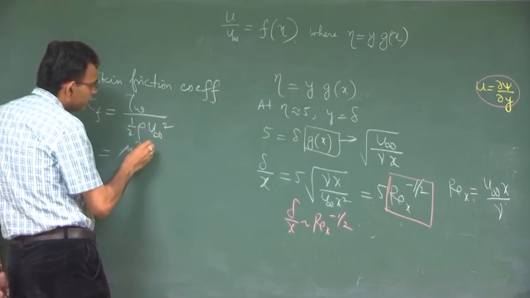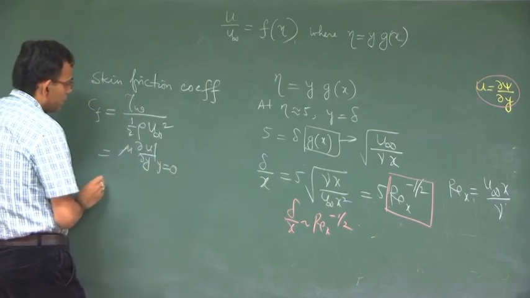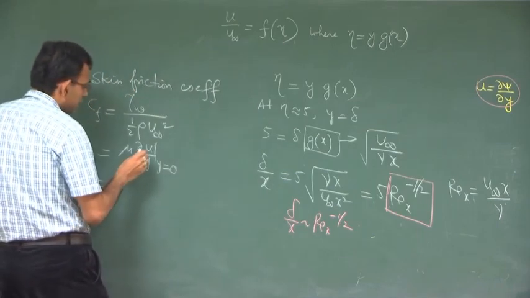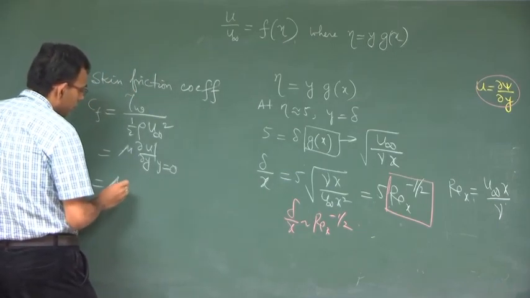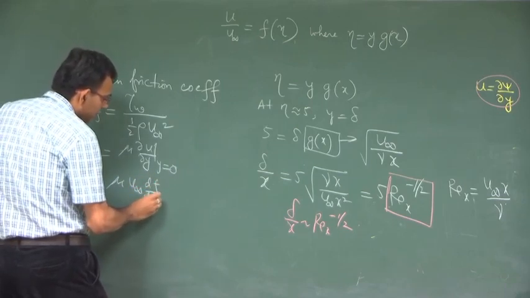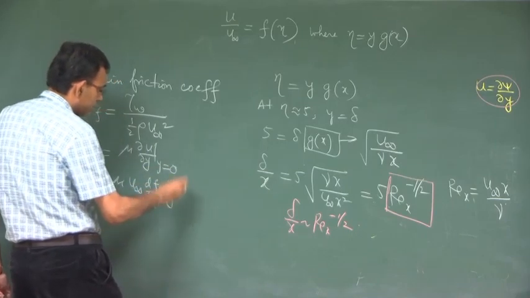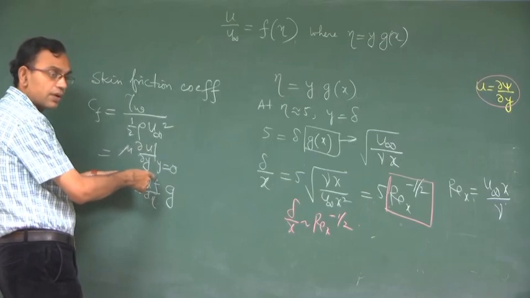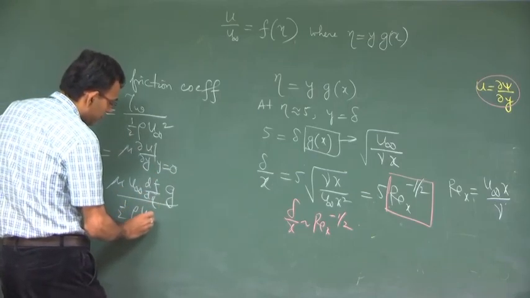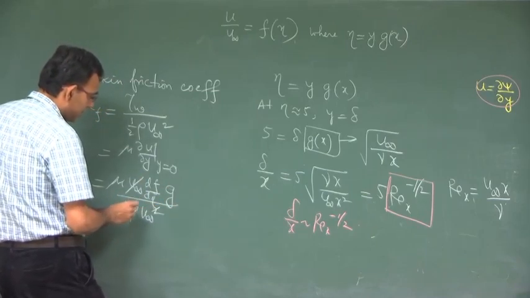Tau wall is mu u infinity df d eta into del eta del y is g, right, because we have to get the solution in terms of our variable that we have solved, by half rho u infinity square. So, u infinity and u infinity will be cancelled.